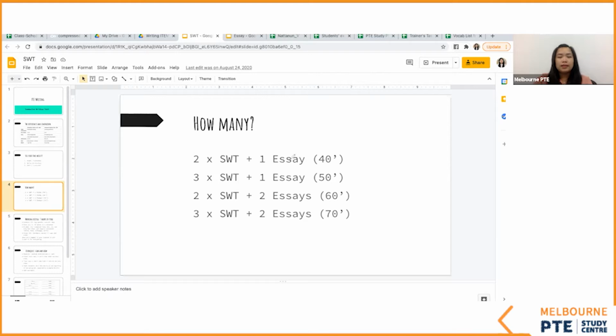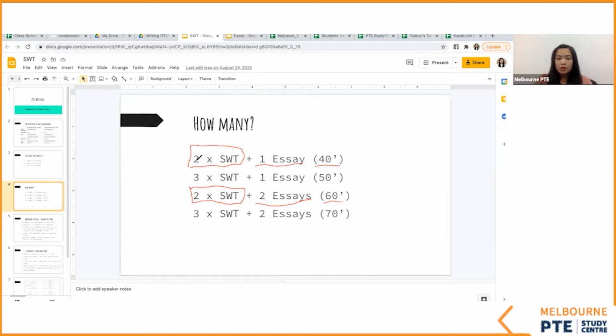Summarize written text and essay are in your writing, okay? Now, minimum you have 2 summarize written text, and maximum you have 3 summarize written text, okay? So most of the time, if you have 2 summarize written text, you are likely to have 1 essay, or you are likely to have 2 essays. Okay, so if you can see, this is the total time for your writing.